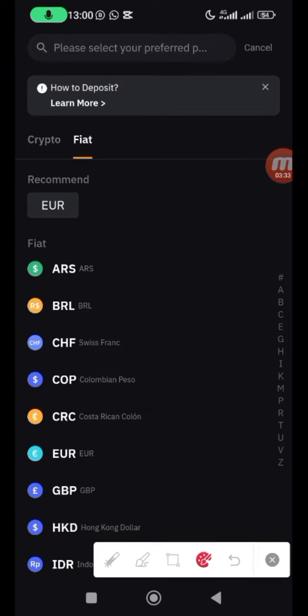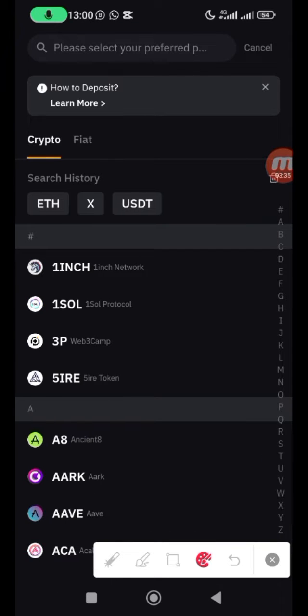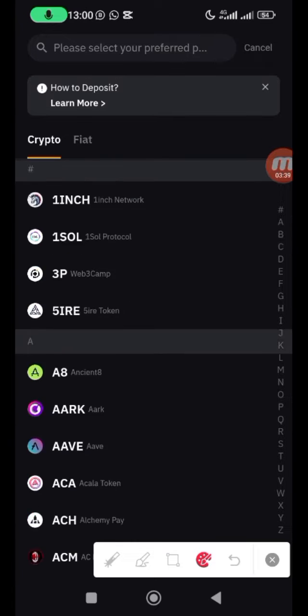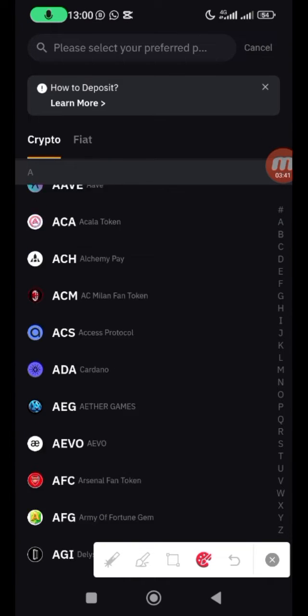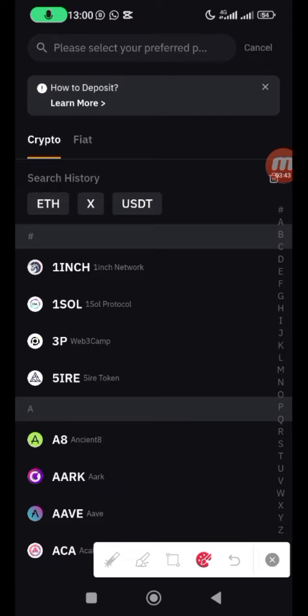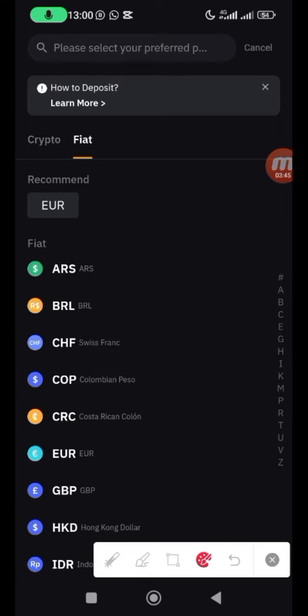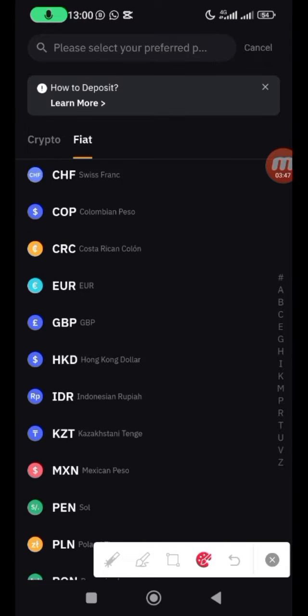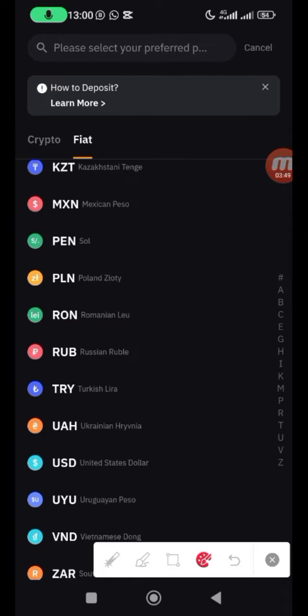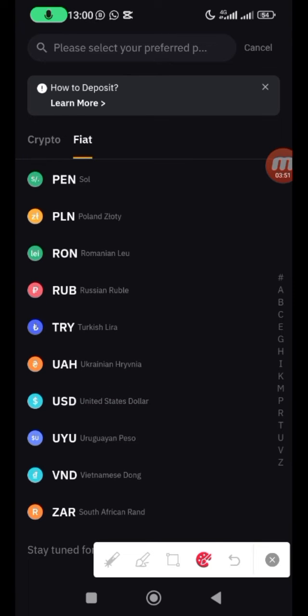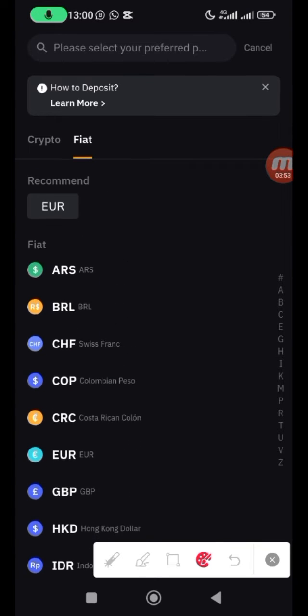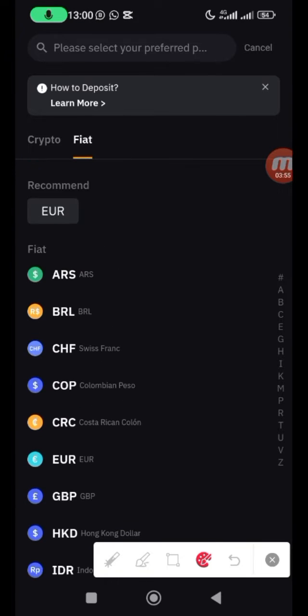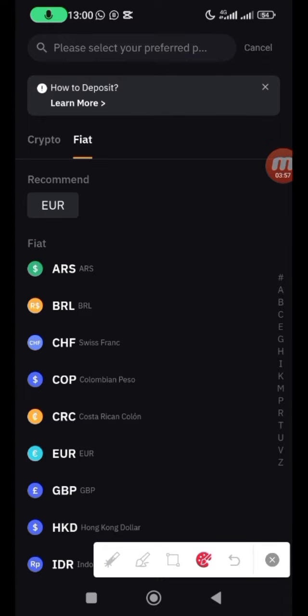Let's go back to crypto. In here we have different coins you can use. Then fiat, these are normal currencies, for the countries that are permitted. As you can see, Nigeria is not yet permitted. Okay, so let's go back.